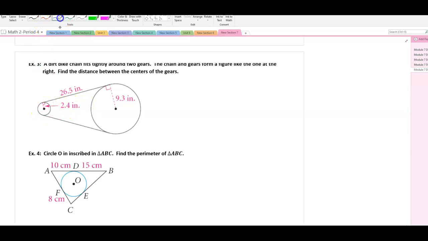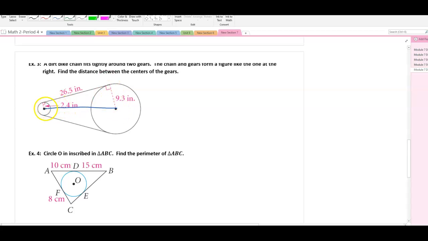So what they're looking for is how far it is from here to here. Now, where this gets really difficult is you actually have to draw a specific segment in. How would I approach this? Well, they give me the length of the radius here, and the length of the radius here.